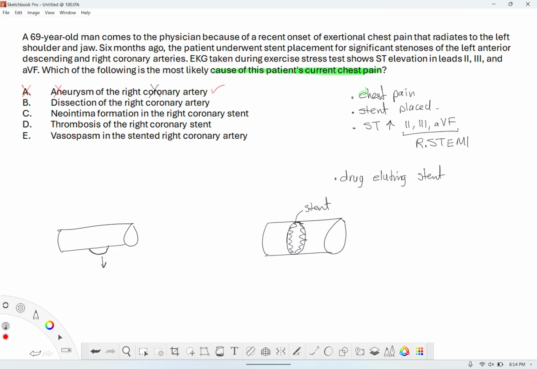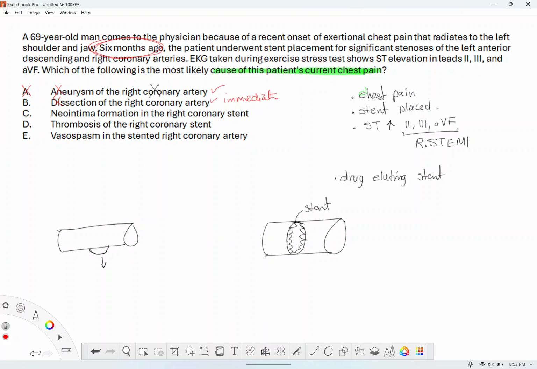If the procedure was rough and the surgeon was not trained and so forth, and it caused damage to the right coronary artery, then it comes to dissection. Dissection will be immediate after the procedure. So it wouldn't be like 6 months after. Okay, so we're talking about 6 months after, right? So the stent was placed 6 months ago. So I'm not going to choose this as well.